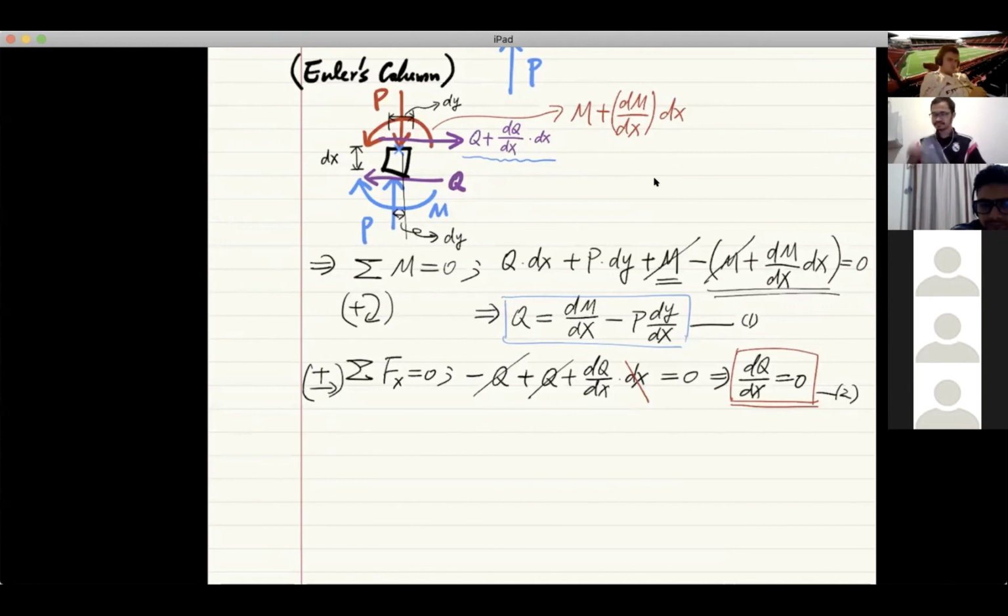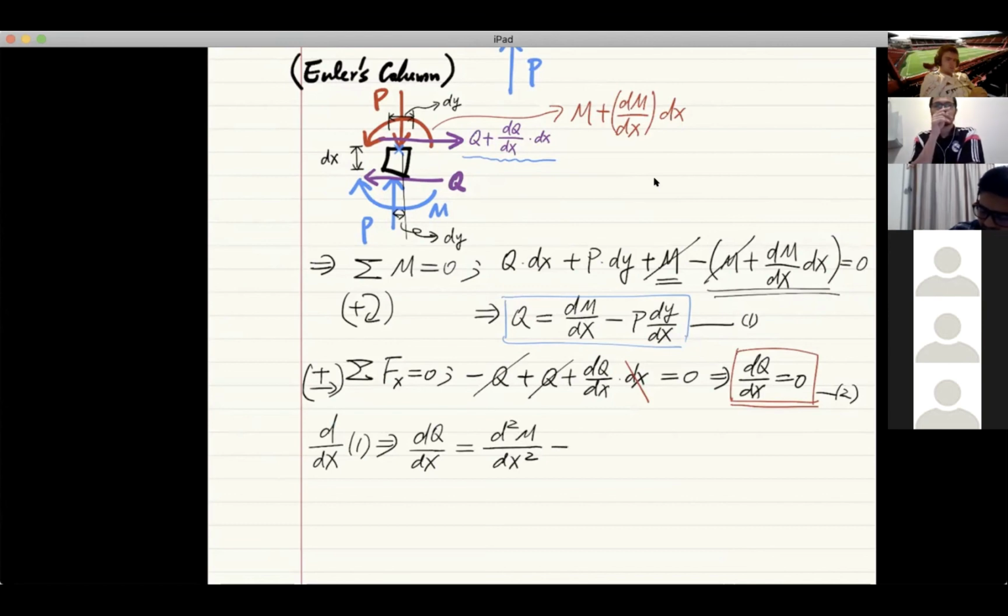Just this first equation. What are we going to get? On the left-hand side, we have dq/dx, correct? What about the right-hand side? We have the second order derivative of m with respect to x. So that becomes d squared m over dx squared.